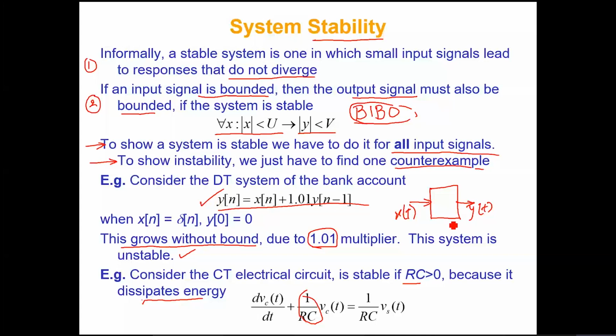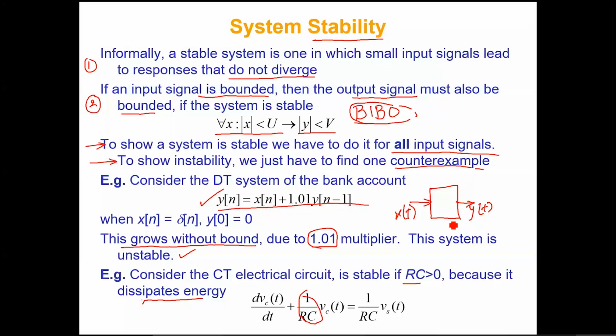Now, what does this unstable system mean practically, in reality? Can we have an unstable system in reality? That is something very interesting, especially for electrical circuits. Purely in theory, if for a given input the output becomes infinite, then we have an unstable system. But practically, that doesn't really happen, especially for electrical circuits.